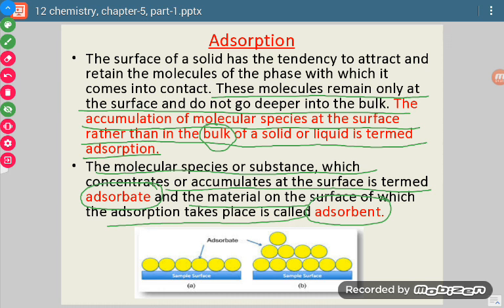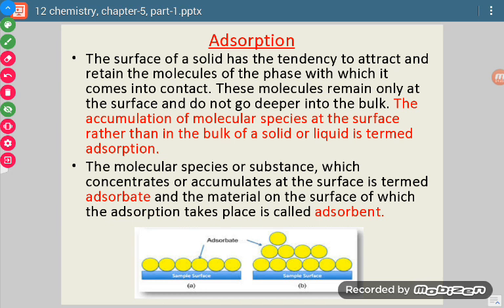Now here with this diagram you can make it very clear. See this thing which is blue in color, this thing is adsorbent, and these spheres, these are of a particular gas. Okay, or they may be of a liquid.